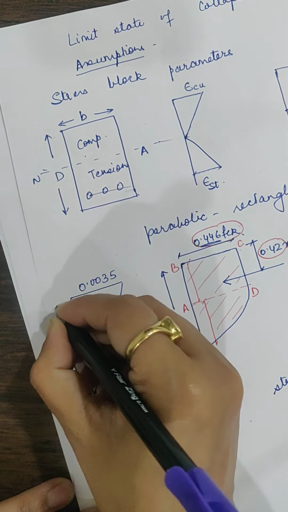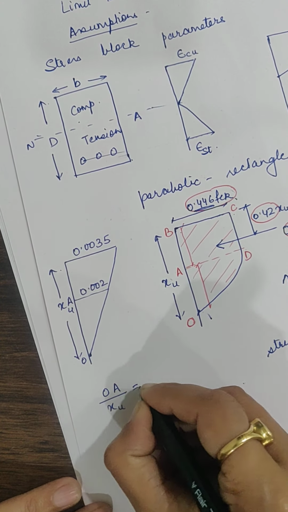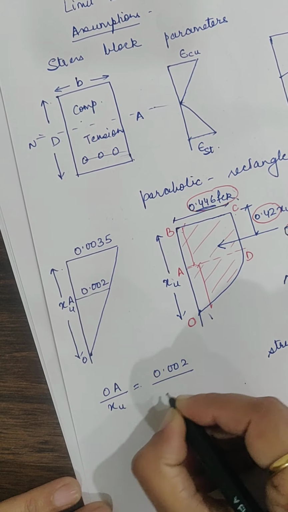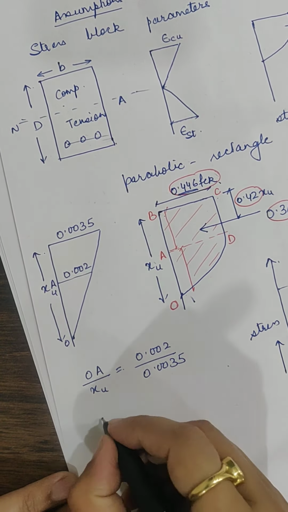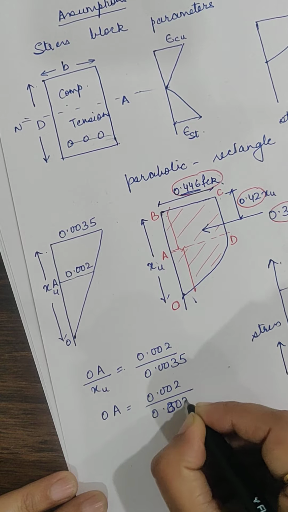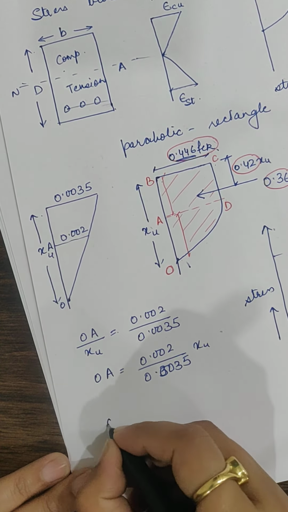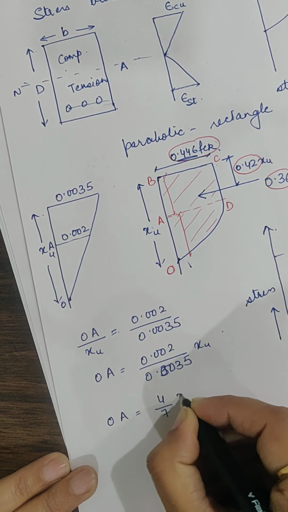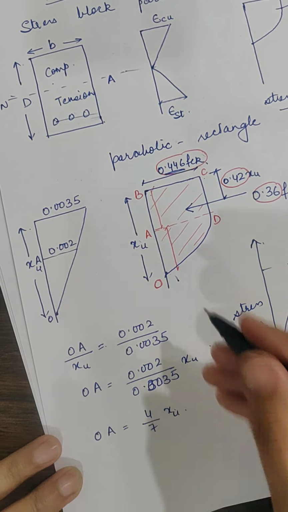I want to get the depth of this part OA. So it is very simple. OA upon XU is equal to 0.002 upon 0.0035. So OA is 0.002 upon 0.0035 into XU. You do the calculations, OA will be 4 by 7 of XU. So this depth is 4 by 7 of XU.